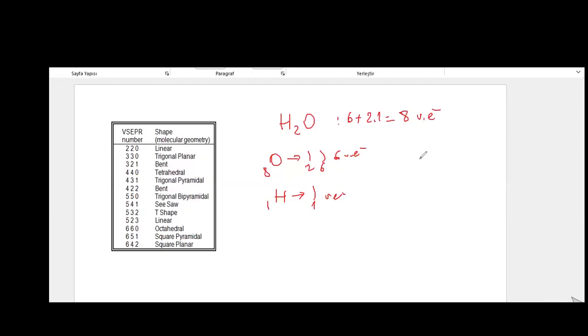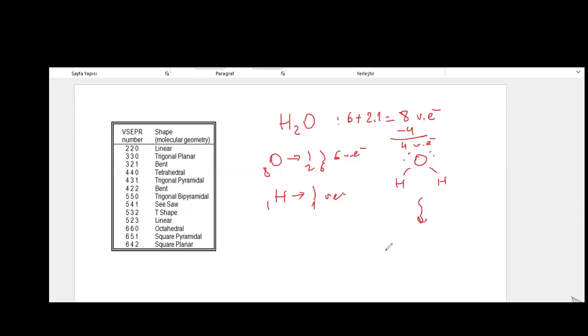So, the oxygen atom is in the center with single bonds. Everything is okay for the hydrogen atoms. So, 8 minus 4, there are 4 remaining valence electrons. So you can put those valence electrons on the oxygen atom.